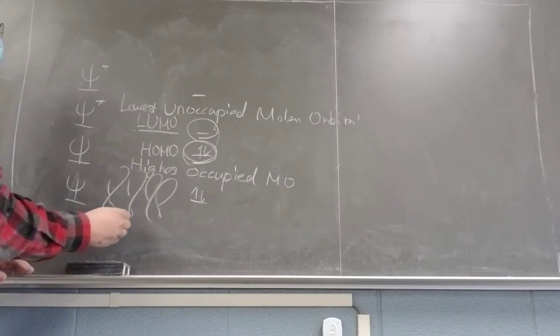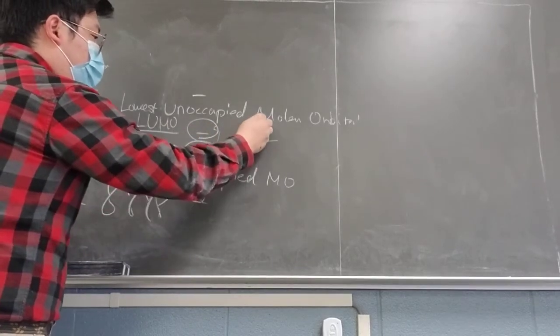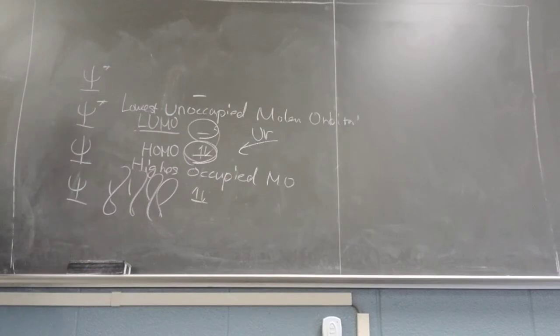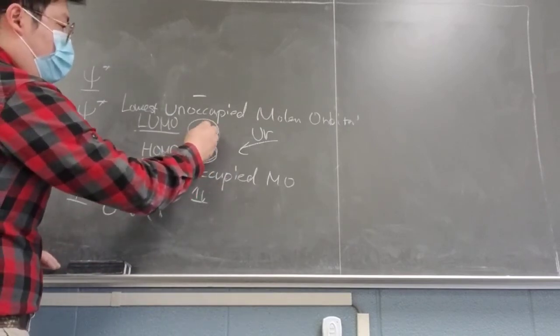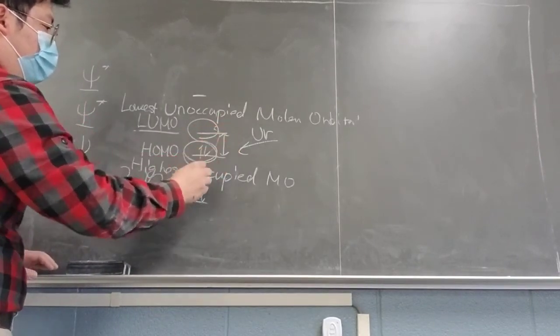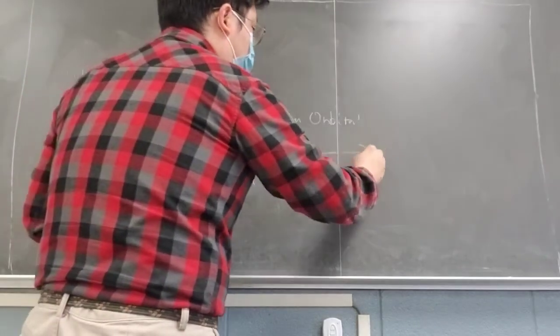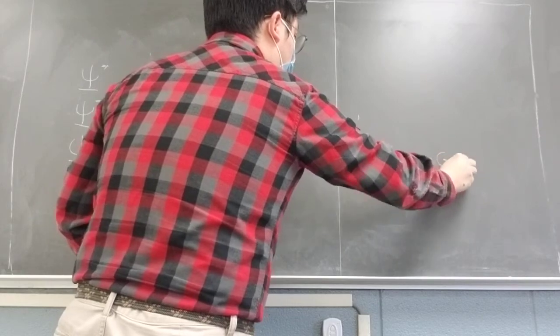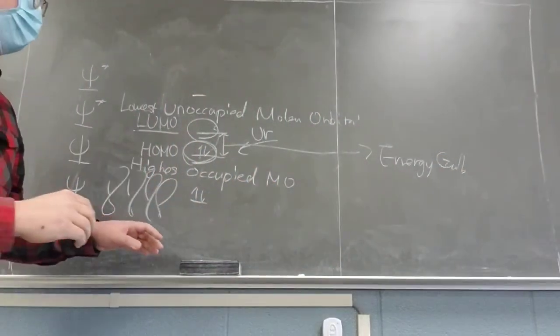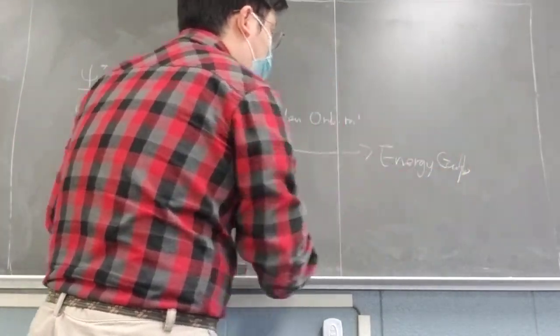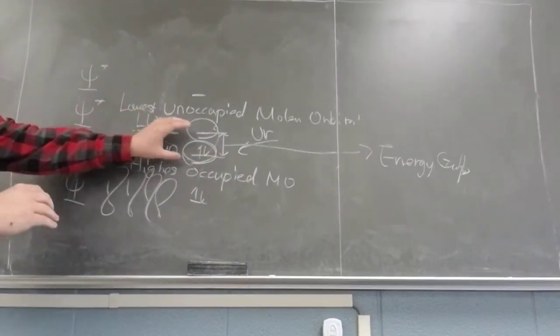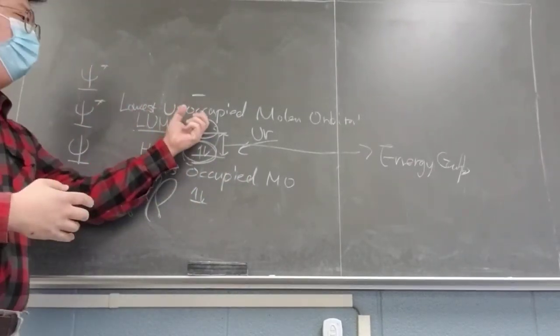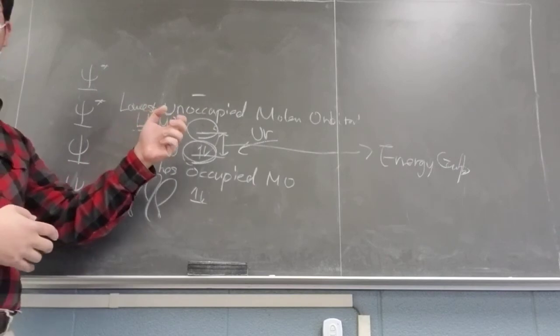Diagrams over here. So when we shoot the UV light in here, there will be this, which simply means the energy gap. This is the amount of energy they need to have to be excited into LUMO. Okay.